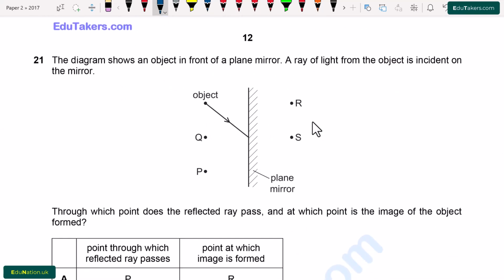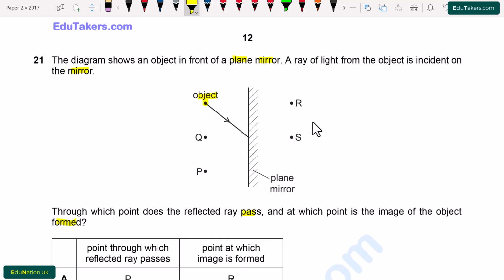Question number 21. Diagram shows an object in front of the plane mirror. A ray of light from the object is incident on the mirror. Through which point does the reflected ray pass and at which point is the image of the object formed? Object is at this location and the ray from the object falls on the plane mirror. And the plane mirror reflects this light.